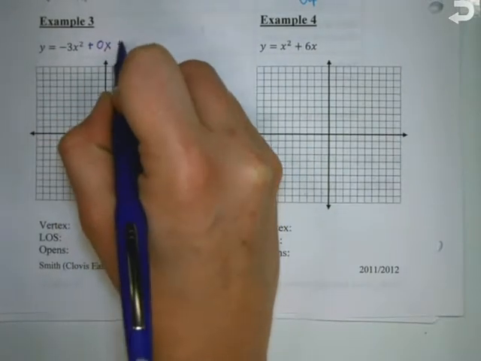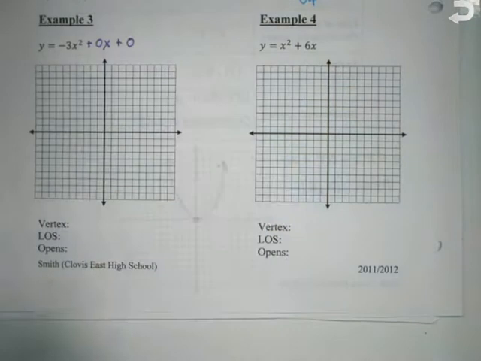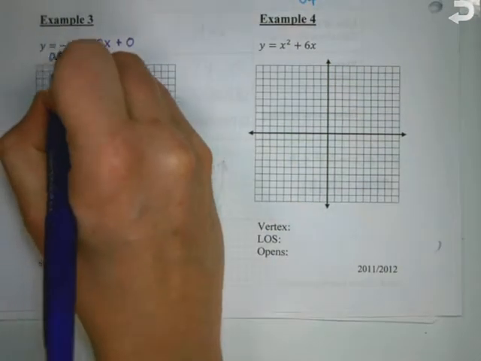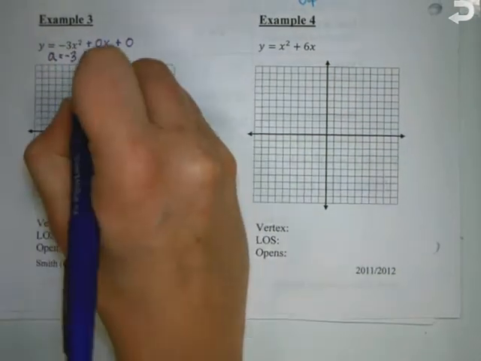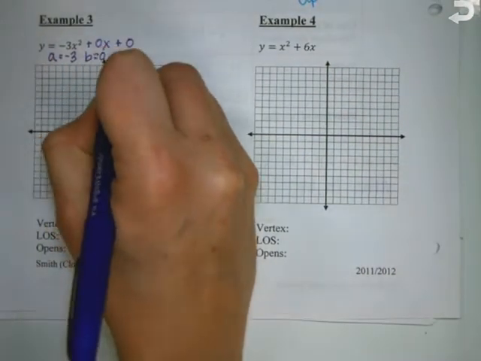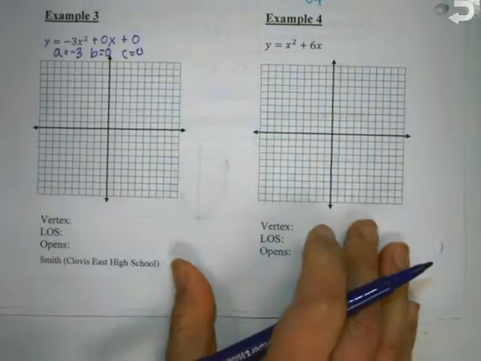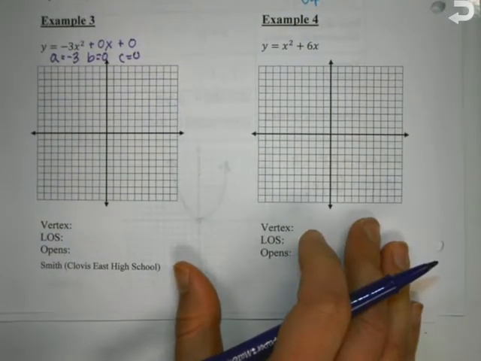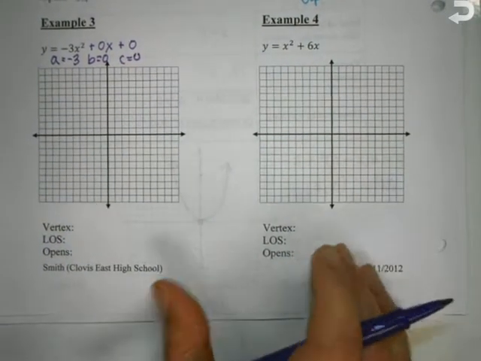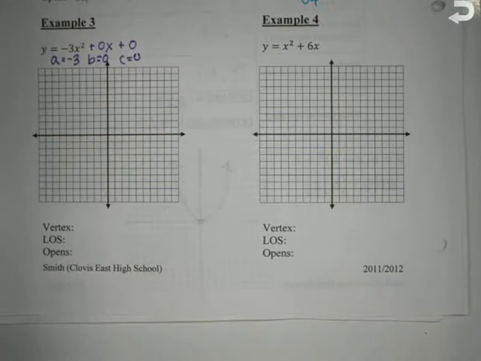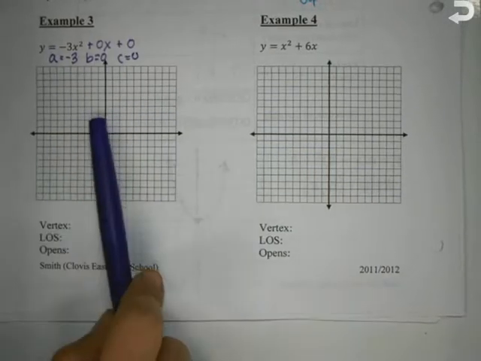Also 0. So A is negative 3, B is 0, C is 0. They're not there, so we can just assume they're 0. So use those A, B, and C to do example 3. Example 4 is very, very similar.